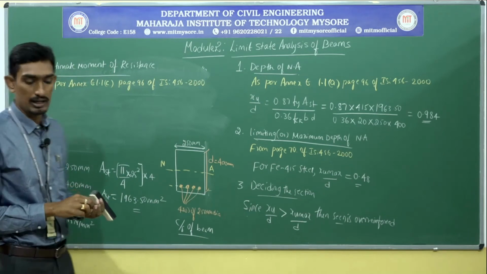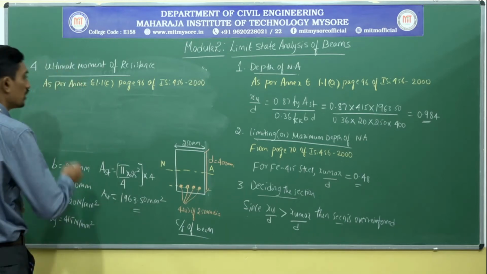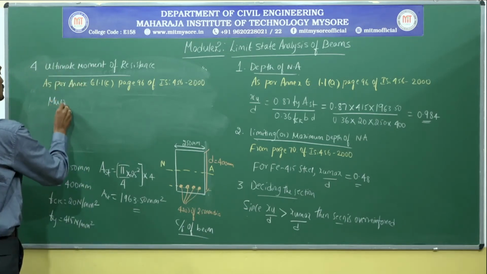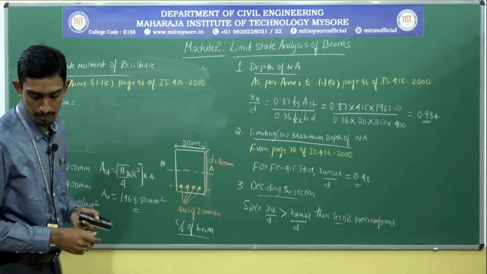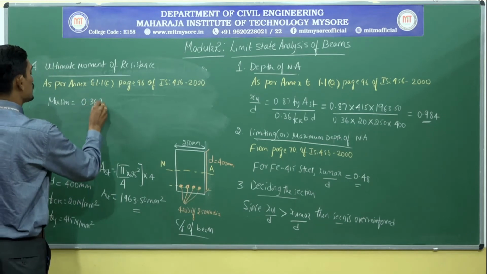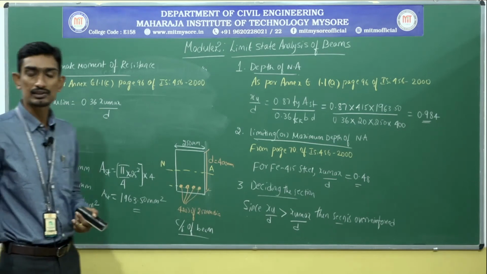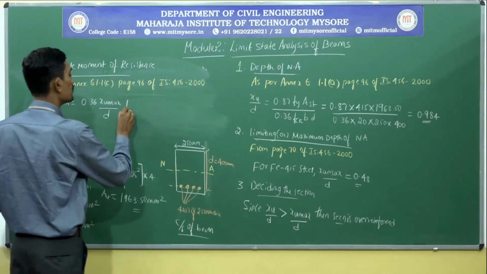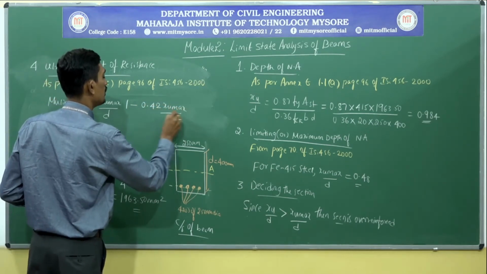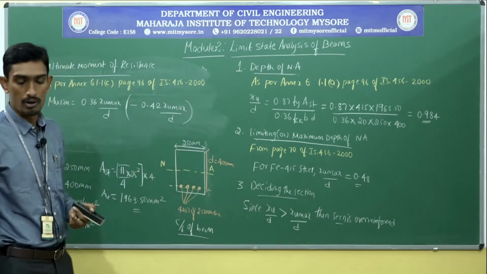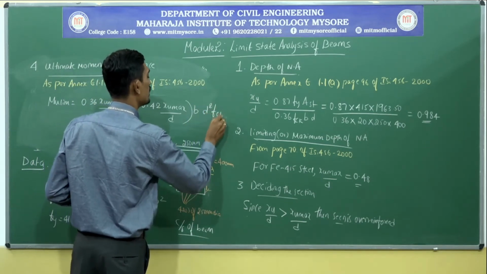The formula will be Mu lim equal to 0.36 XU max by D into 1 minus 0.42 XU max by D into B D square FCK.